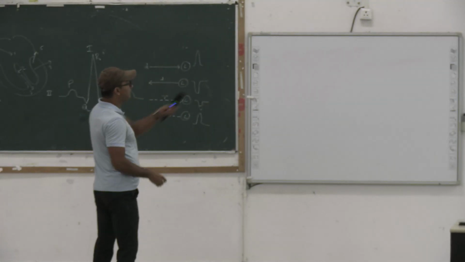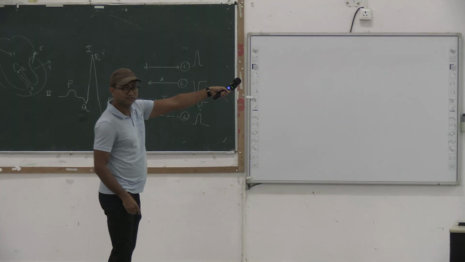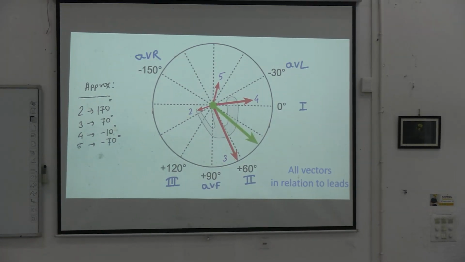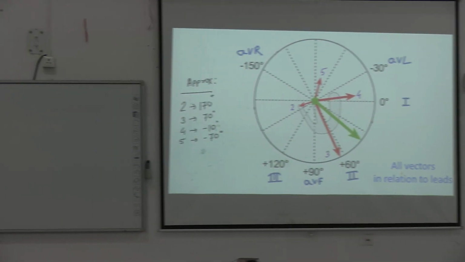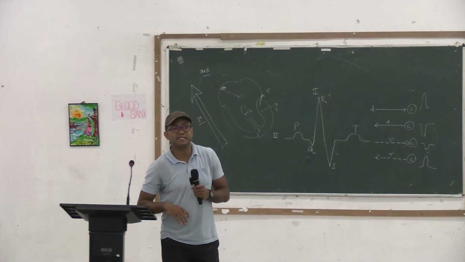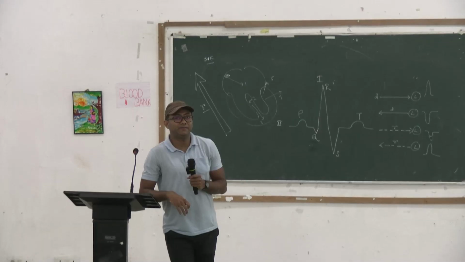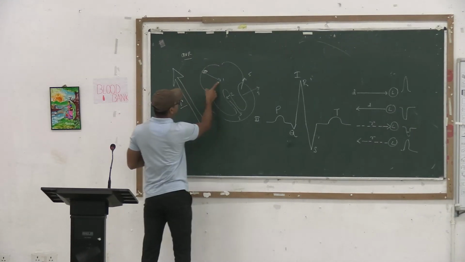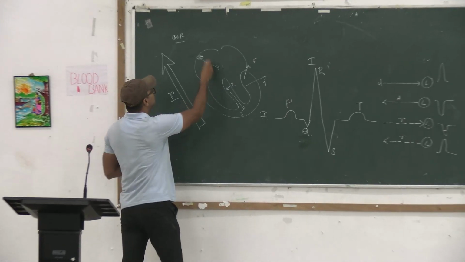Now the location of AVR. Where is AVR? It is here. Lead AVR. Now let's see how the ECG wave will look in lead AVR. The first vector is moving away from the lead.